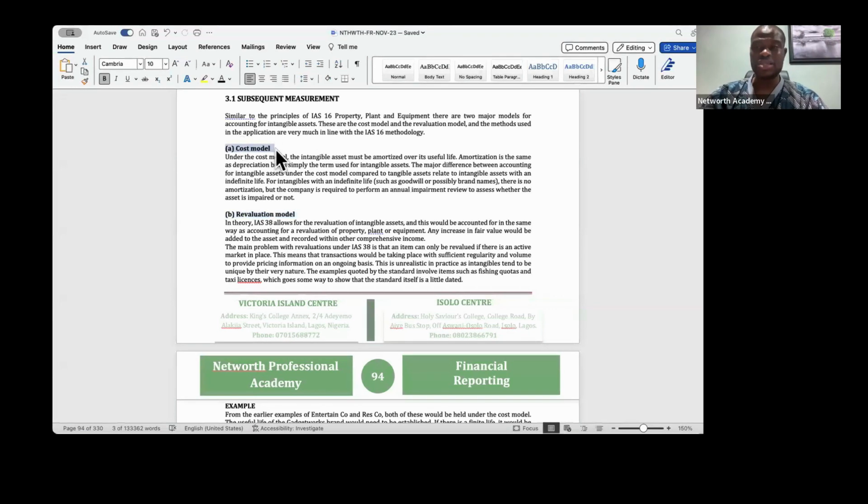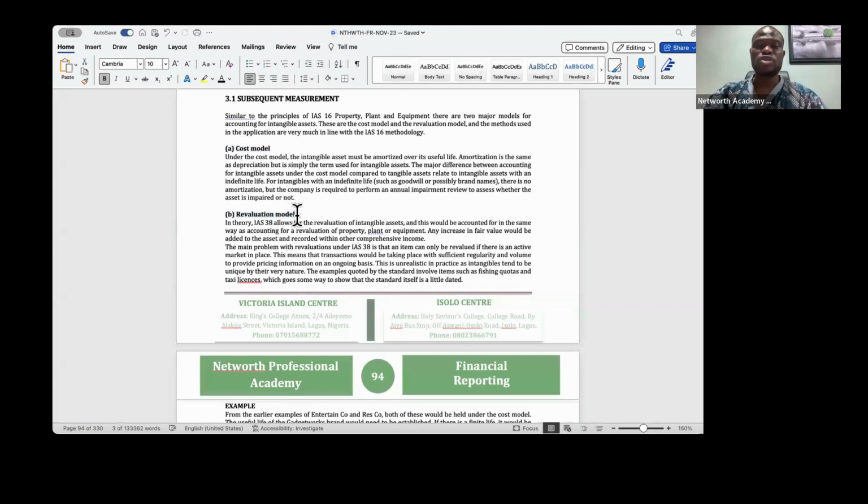For the cost model, it is the same thing as under IAS 16. Cost model is just cost minus accumulated amortization minus accumulated impairment losses. The difference is that what we call depreciation in IAS 16, here we call amortization. That's just the difference.